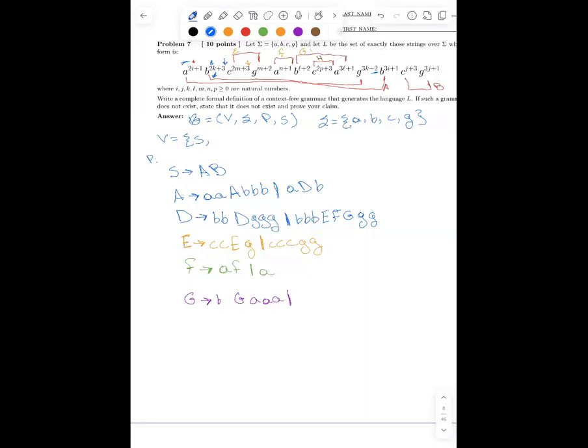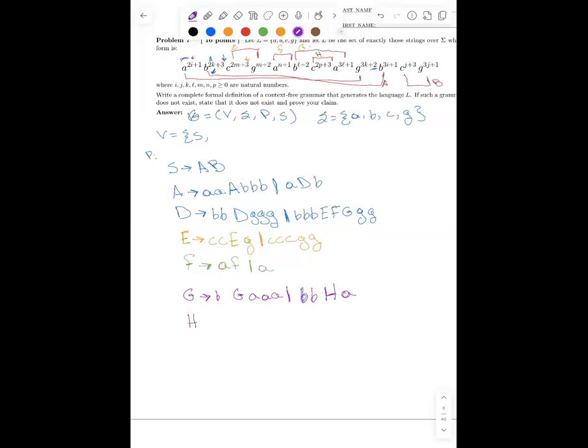Is it one B? Yeah, it's one B and three A's. And then I can have two B's, the state H, and another one A. And my state H will look like I have two C's, H, or I will end it because there is nothing between H or anything. So it will end with three C's.